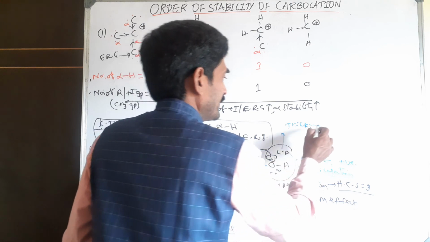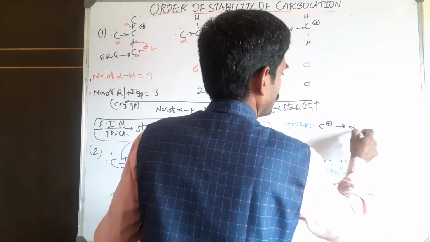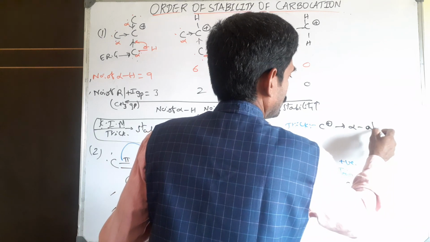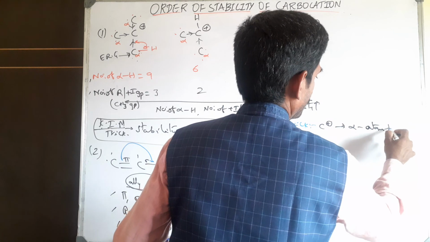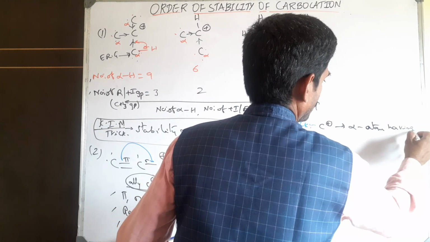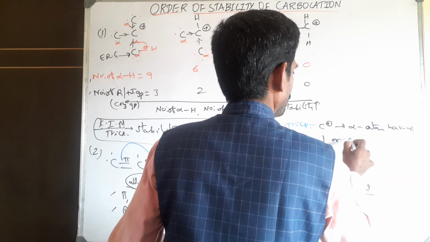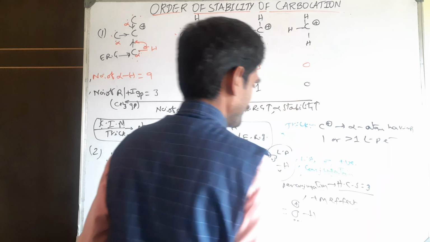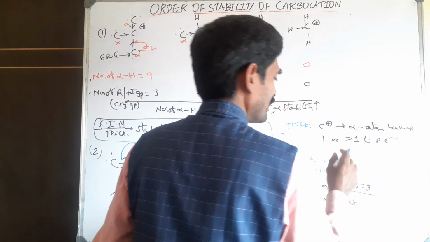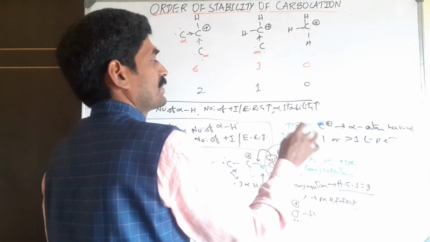and if the alpha atom carrying the carbocation has 1 or more lone pairs of electrons, then the mesomeric effect takes place, and that gives more stability.